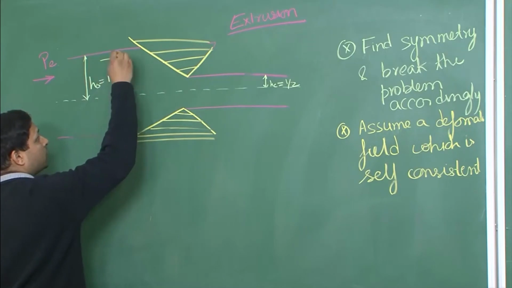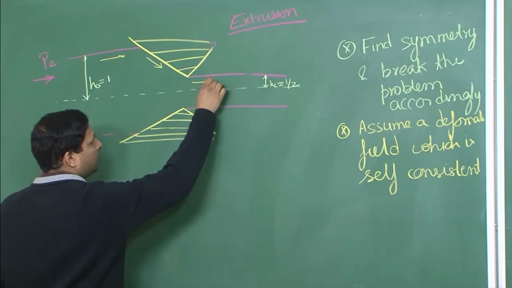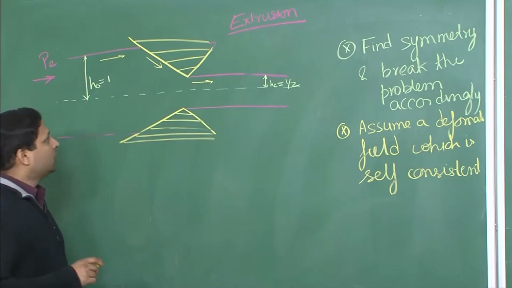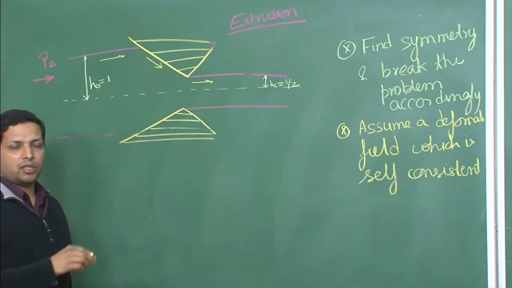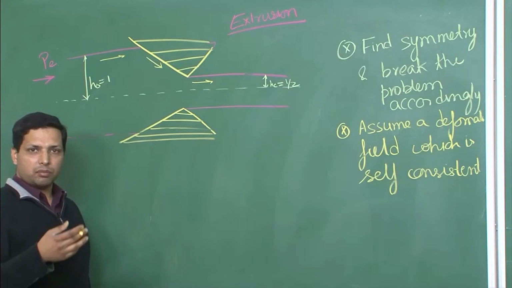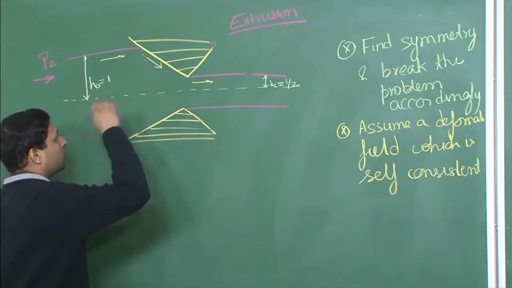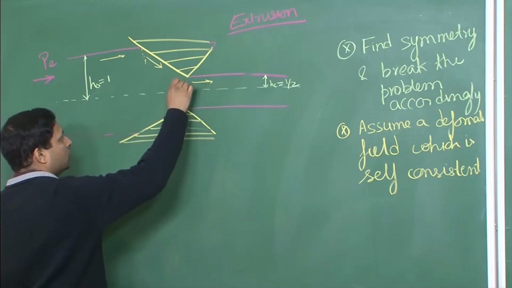We can see the material is moving like this, it is then moving like this and then it is moving like this. Now, this is the flow of the material and there must be a break in the velocity over here, which means whenever there is a break there must be some shearing going on. So, there is some shearing going on along this somewhere around this region. Similarly, there must be some shearing going on around this region.